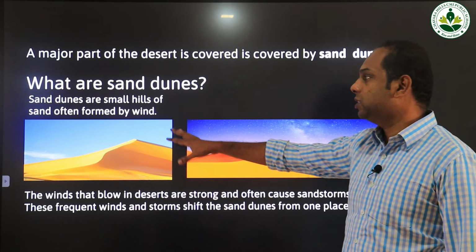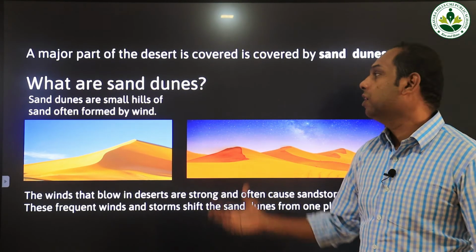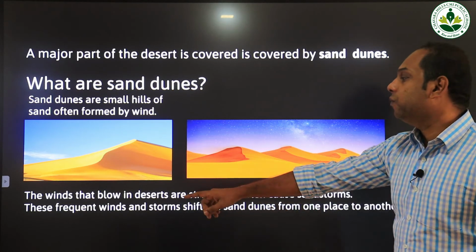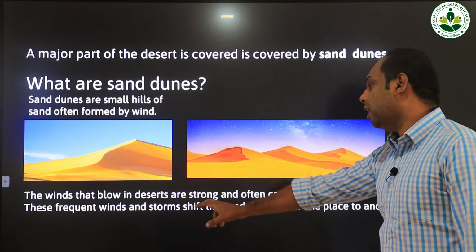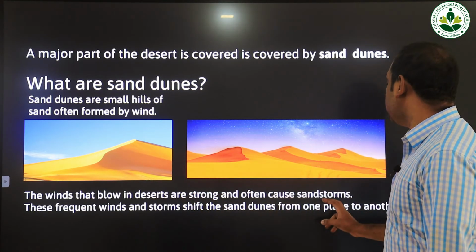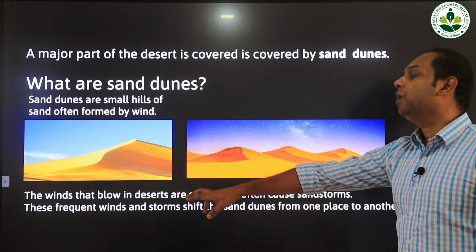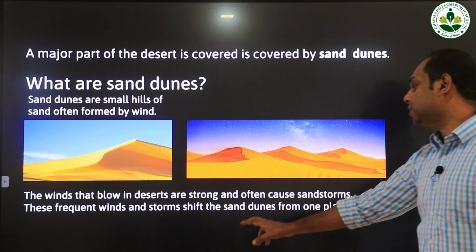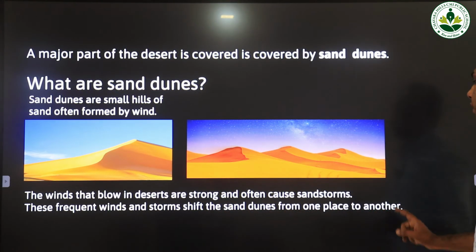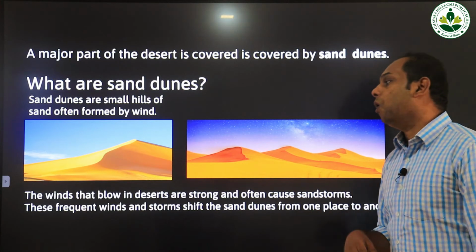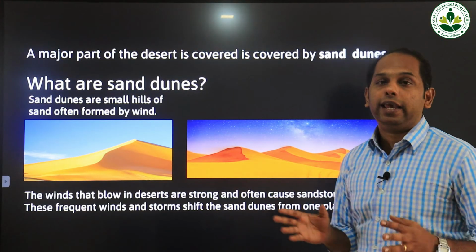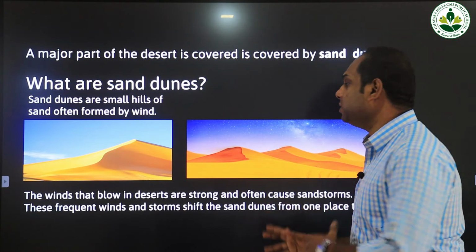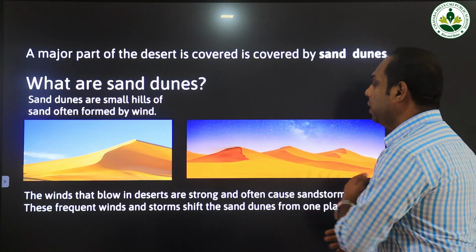Sand dunes are small hills of sand often formed by strong wind. The winds that blow in the desert are strong and often cause sandstorms. These frequent winds and storms shift the sand dunes from one place to another. So the sand dunes that we see in the desert are always moving from one place to another.